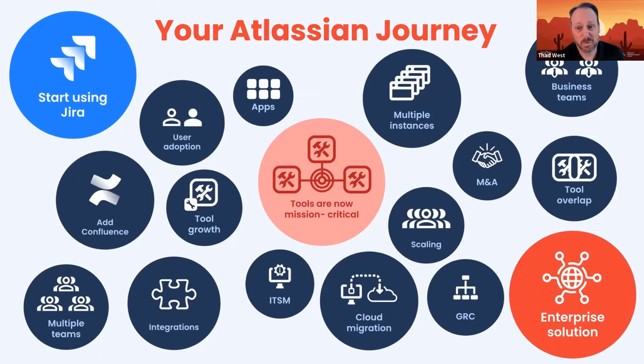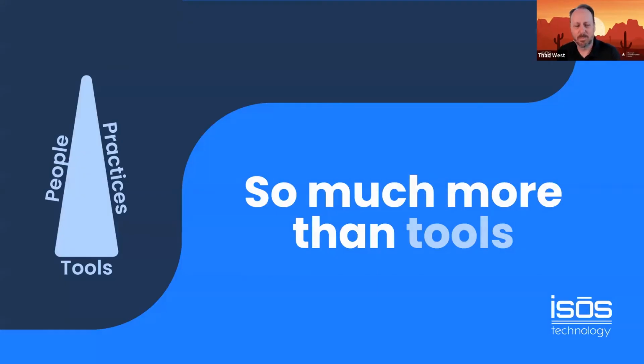You have multiple tools doing the same thing, and now you're at an enterprise solution. We talk to our customers all along this journey, and a lot of them come to us at any stage, and we really help them along. But what's really important for us is it is so much more than tools. We talk about tools at a foundation level, but it's really people and practices that are leaning on these tools to help drive value at organizations. So we spend a lot of time working with folks. Yeah, we want to get the tools right, but what we really want is for you to reach that success.